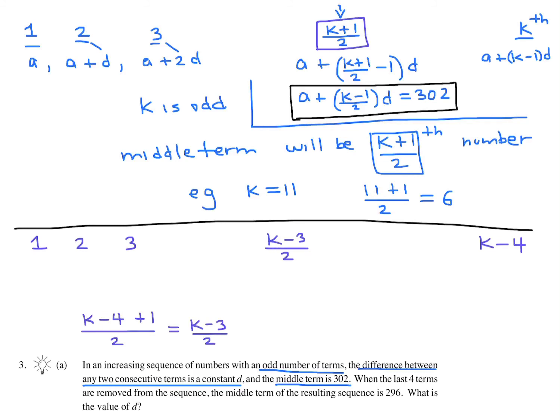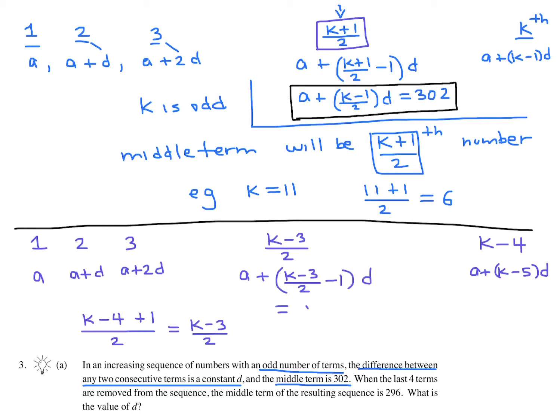And now we want the value of the term in terms of a and d. This was a plus d. The third term was a plus 2d. The last was a plus (k minus 5)d. So what about the middle term here? Well, it would be similar. A plus ((k minus 3) over 2 minus 1)d.